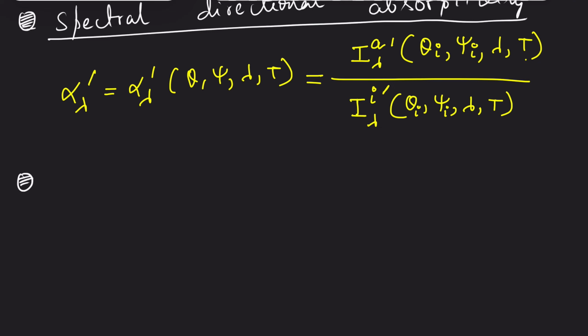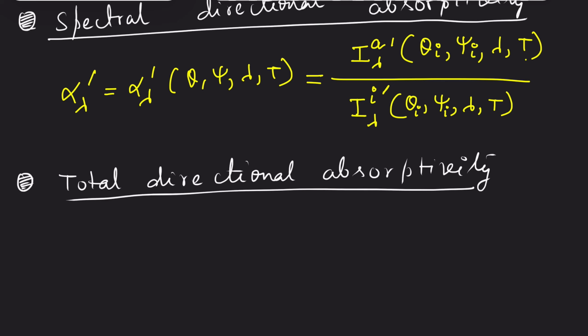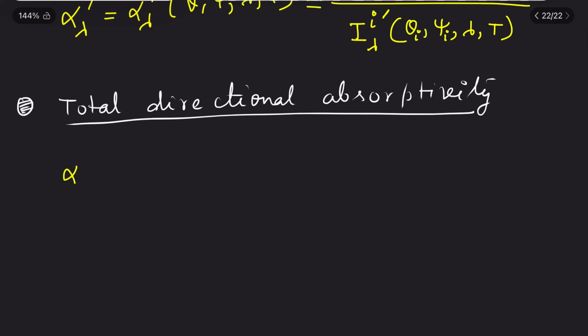Next we know it will be the total directional absorptivity. By analogy, you can write this by yourself. I will write the things for absorptivity, but I will not write them for transmissivity. I will write them again for reflectivity because that is a different case. So this will be total, not a function of lambda, and a function of theta, psi and t.